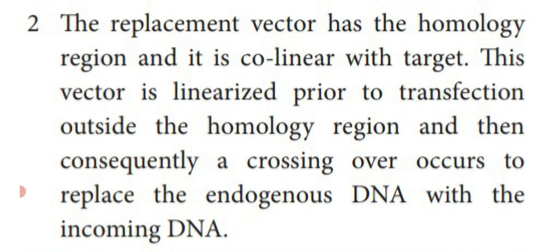So now the insertion vector and the replacement vector are lying side by side, carrying different DNA segments with the duplication of nitrogenous bases. Both of them are located in the homology region.